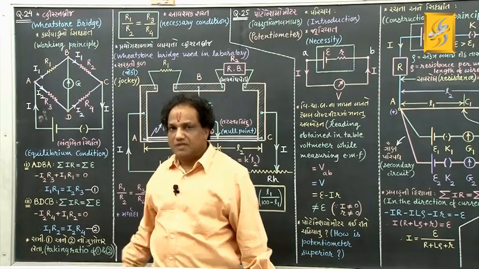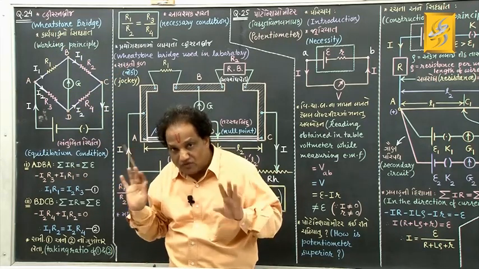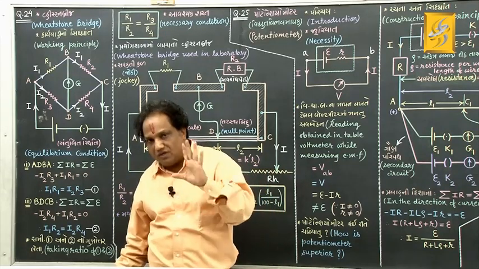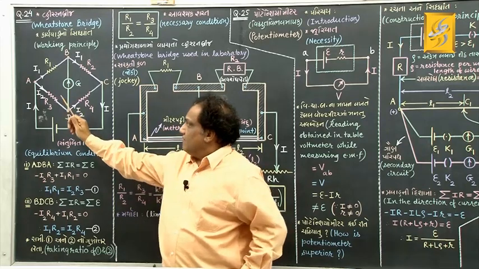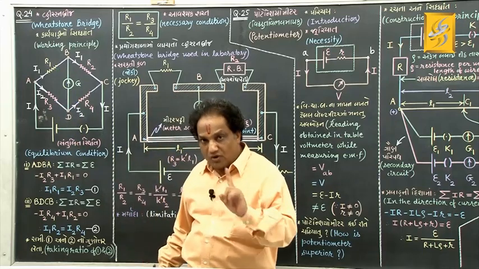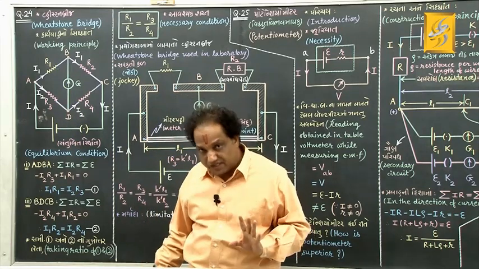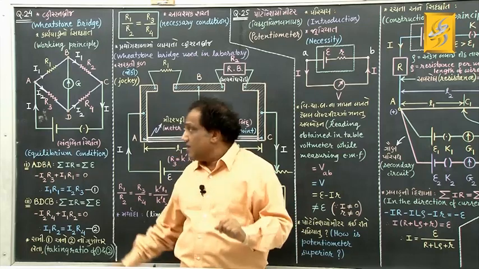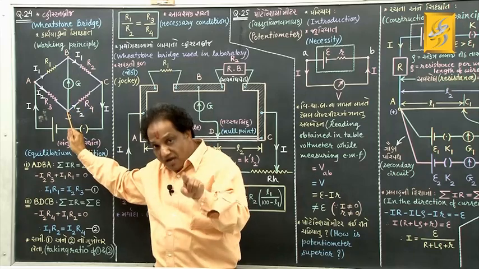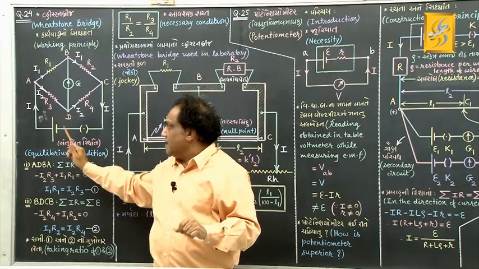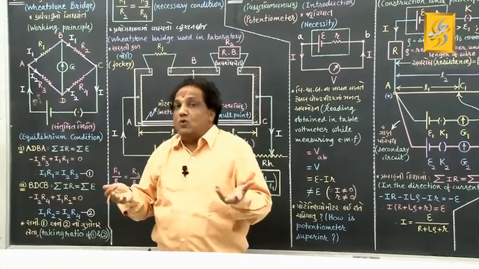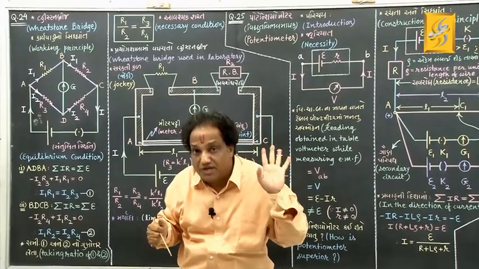Got it? Nobody will ask you about the definition of Wheatstone bridge, but just for your knowledge and satisfaction, I would like to give the definition. Look here. If a quadrilateral is formed by connecting one unknown resistance and three known resistances, and then a sensitive galvanometer is connected across the two endpoints of one diagonal and a battery and key are connected across the two endpoints of the other diagonal, then the whole network is called Wheatstone bridge.